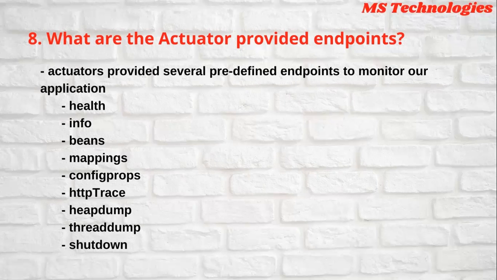What endpoints? See here, I noted some endpoints. One is health, second is info, third is beans, mappings, configprops, httptrace, heapdump, threaddump, shutdown, etc. Like this, Actuator provides several endpoints.